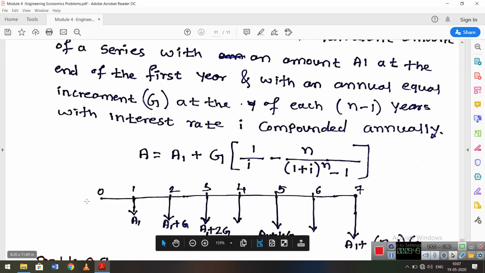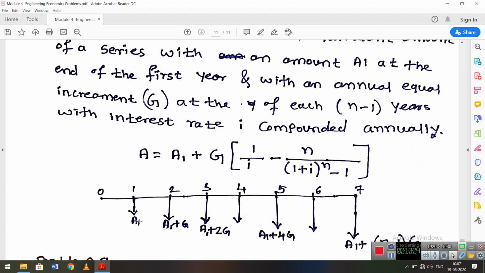This cash flow chart shows that at the end of the first year, he will pay an equivalent amount of 10,000.